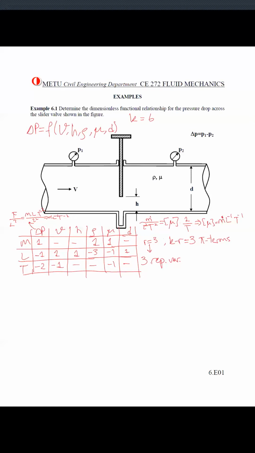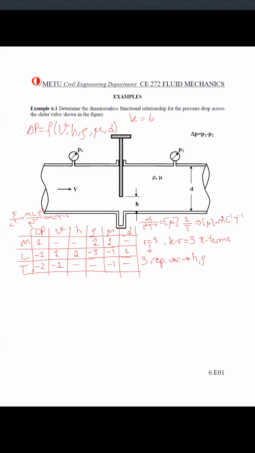Let's select H, because it seems to be more important for this problem, this gap, compared with the pipe diameter. For the fluid property, let's select density, because viscosity seems to be not very important.